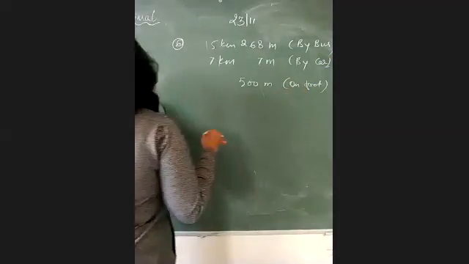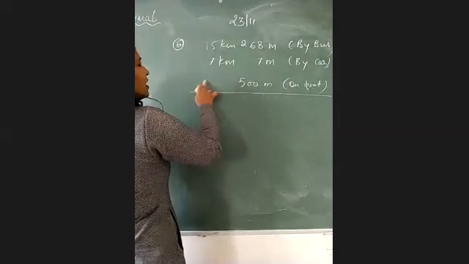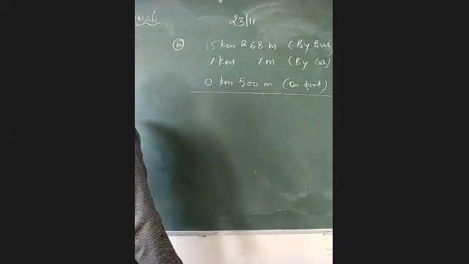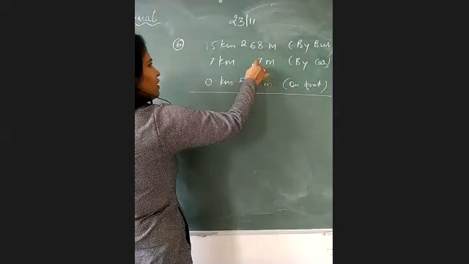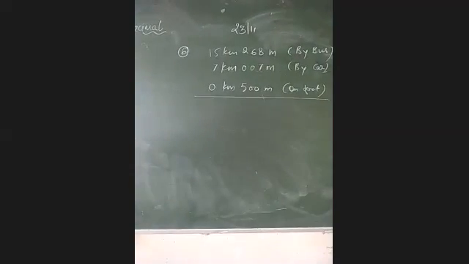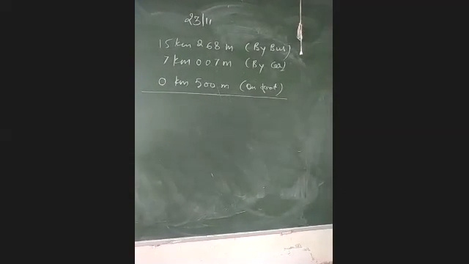Now it is asking how much distance was covered in total. Now see this, there is no meter, no kilometer is given, so I am writing here 0 kilometer. Here only written 7 meter, so we'll put 0 0. It will give you 0.00, it will give you 0.007.